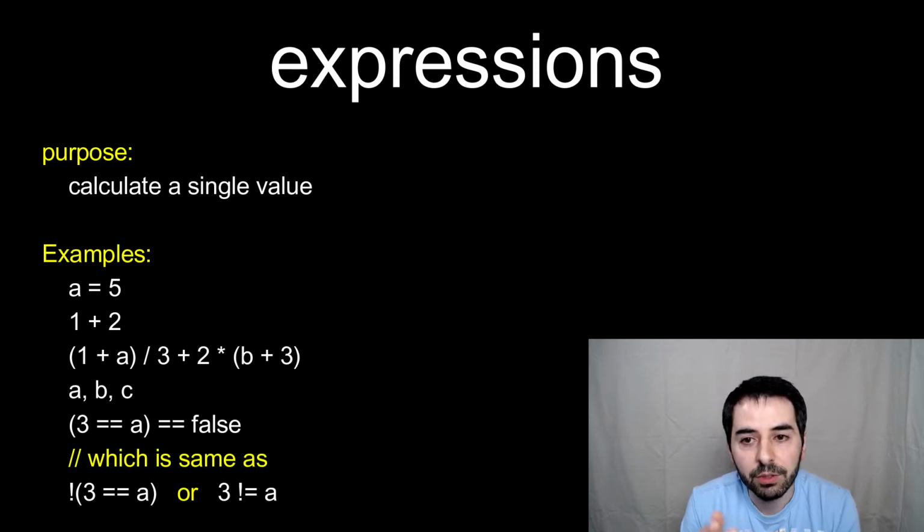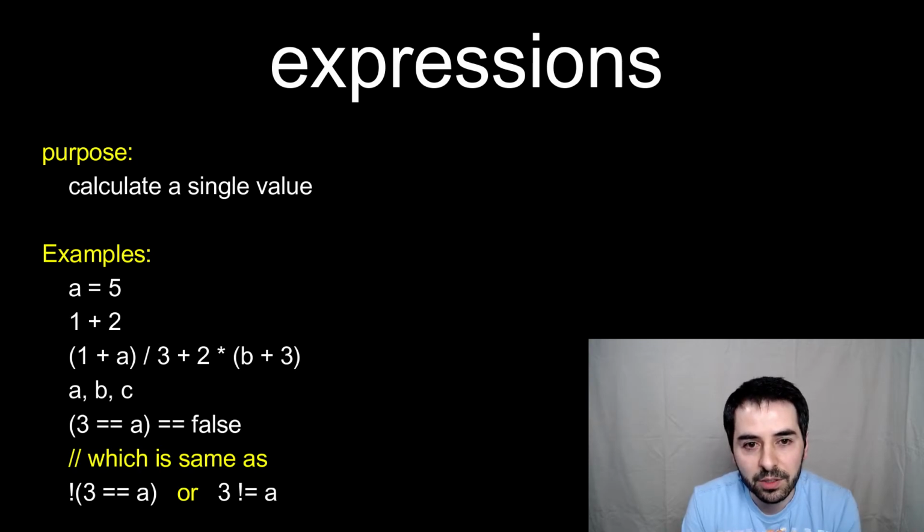So we can compare even two Booleans. We can say 3 equals a equals false. This is a complex expression composed of two expressions. If the value of the first one is true, and then we compare it to false, then the result is false. No one really writes this because there is a simpler way.